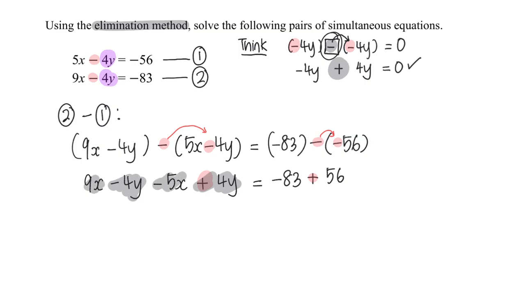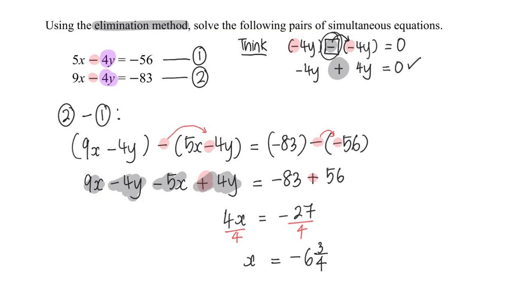9x minus 5x will give me 4x. Negative 83 plus 56 will give me negative 27. And I'm going to divide by 4 on both sides. And that will give me negative 6 3/4.